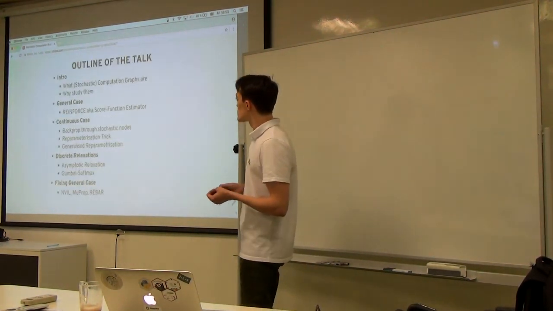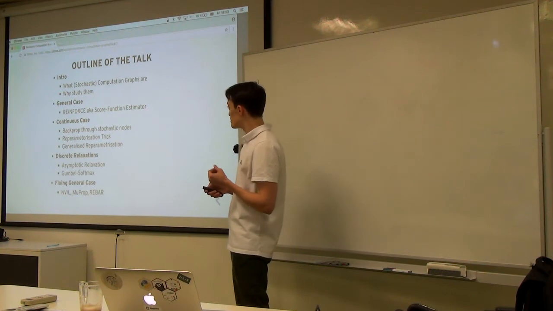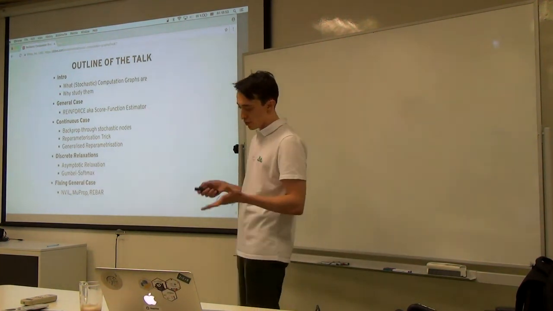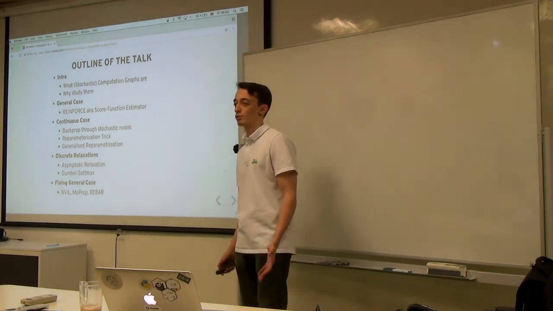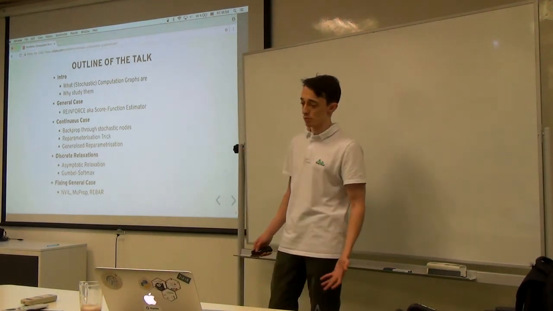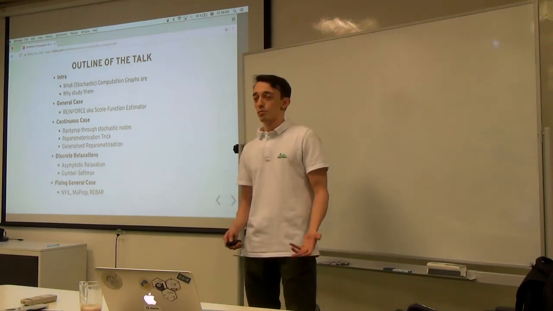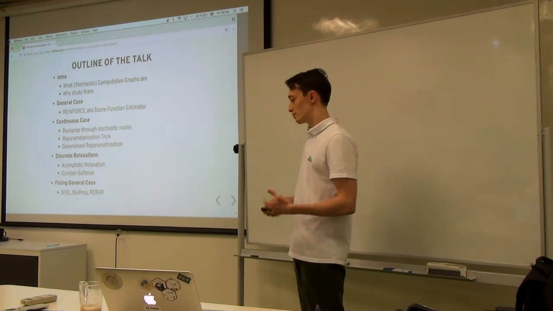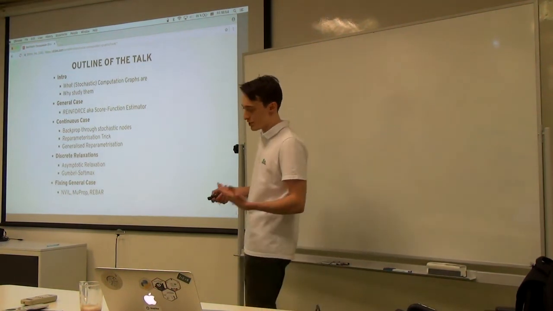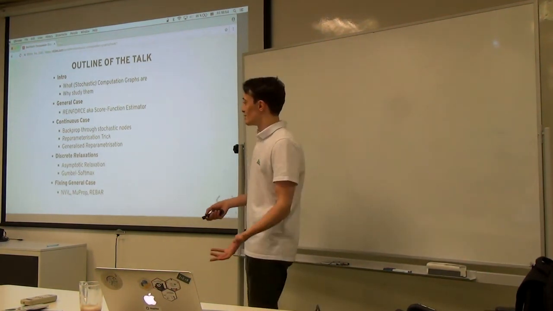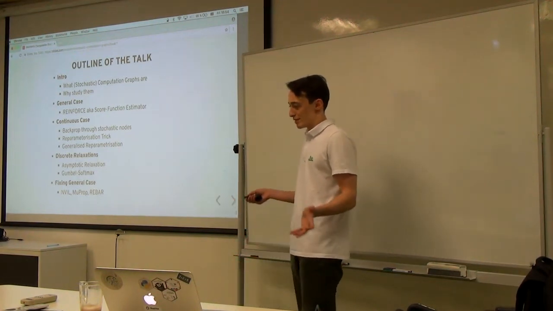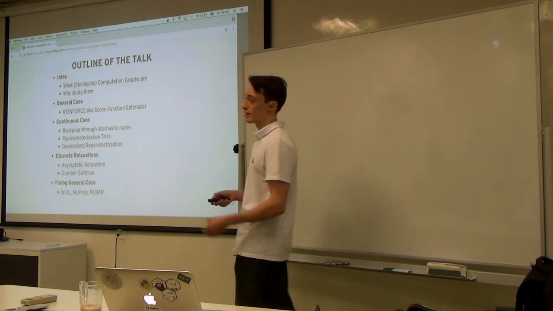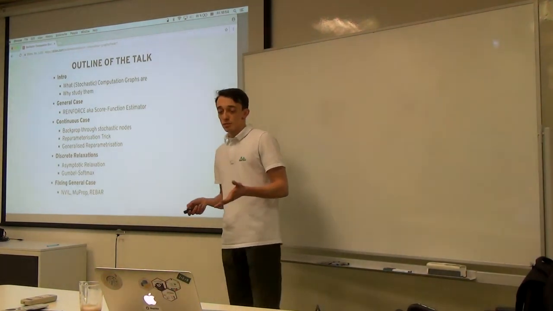Let's get started. This is an outline of the talk. It's pretty big, I'd say. First, I'd like to introduce what I mean by computational graphs, to set up some general notation. I'm pretty sure you all are familiar with that, and it won't take much time, but we need to define some basic notation. Then we'll consider the general case, the well-known REINFORCE estimator.